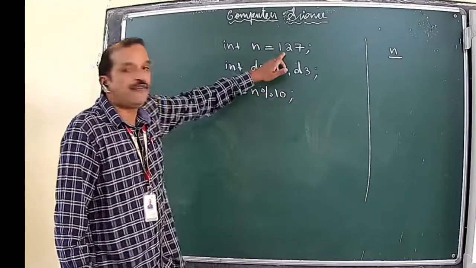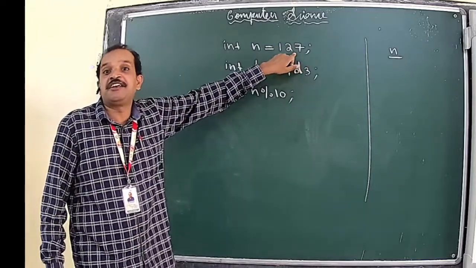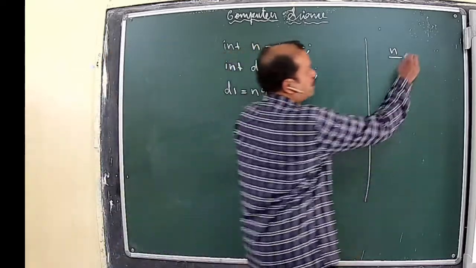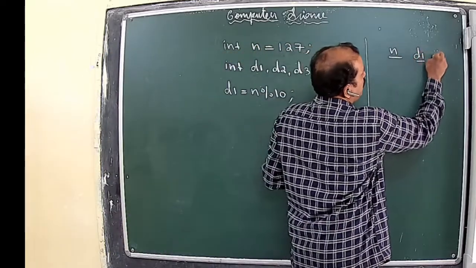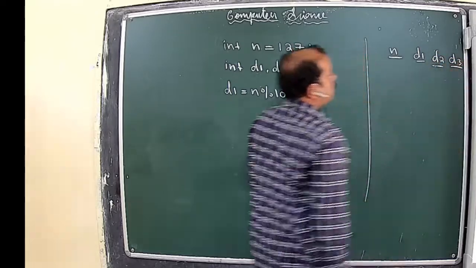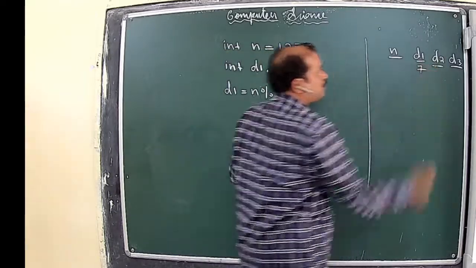So definitely when we divide this 127 by 10, the remainder is going to be 7. So that 7 will be extracted to D1. Let's see, D1, D2 and D3. So 7 will be extracted and assigned to D1.